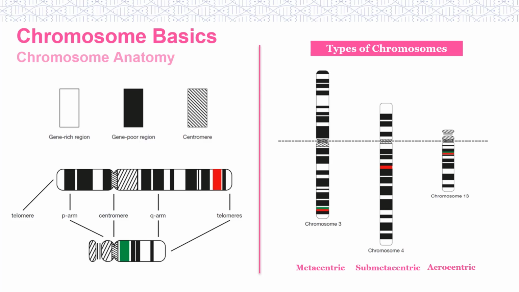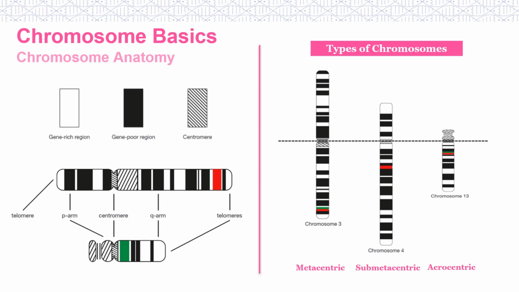Telomeres play an essential role in maintaining chromosomal integrity and tend to shorten during normal cellular aging, and can be involved in constitutional translocations. Besides banding patterns and telomeres, technologists should also note the centromeric position on chromosomes.